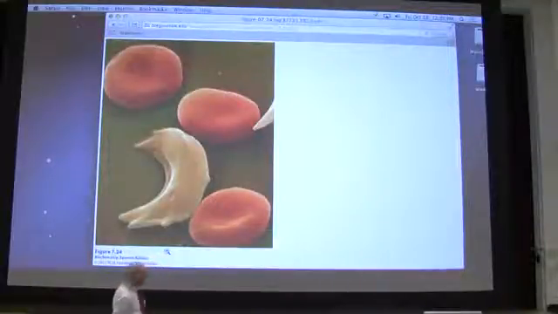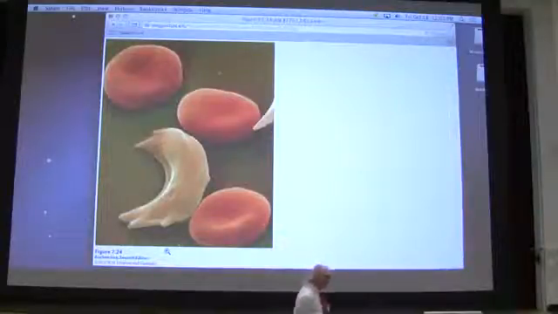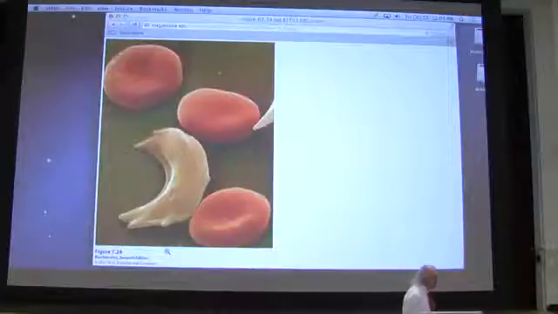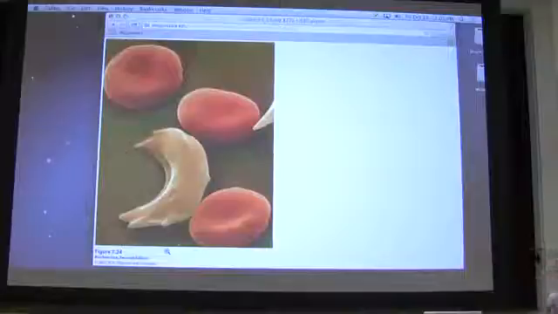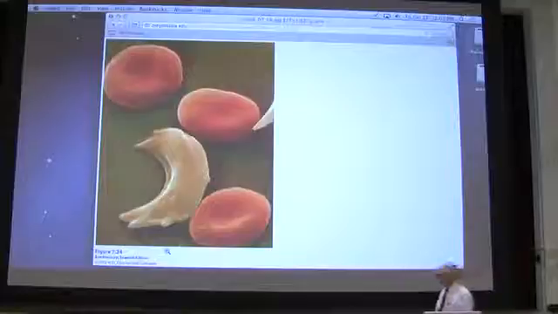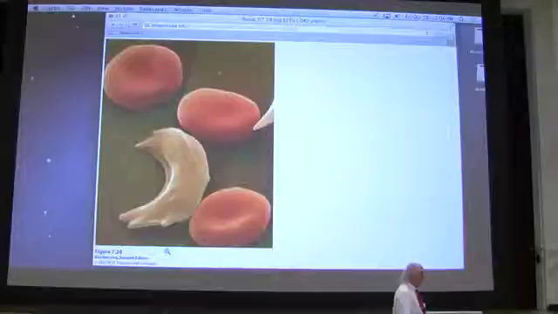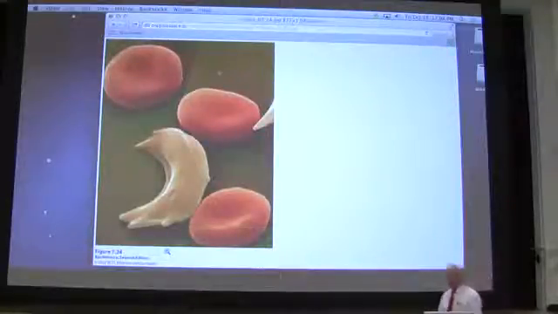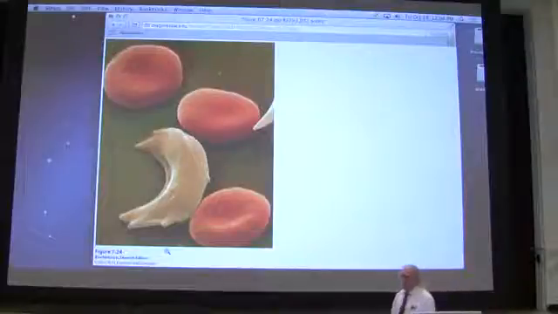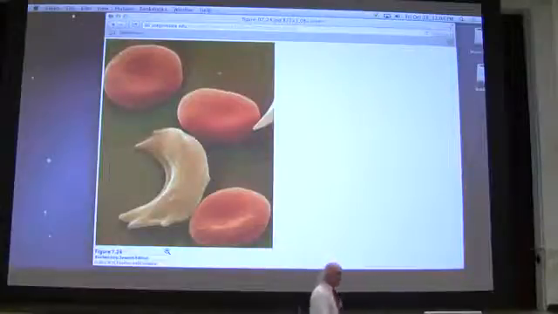Once this cell has assumed the sickle shape, the body looks at it and says, oh, we've got a damaged blood cell, and takes it out of action. And so it takes out of action blood cells that would otherwise be normal and functional. As a consequence, since a lot of these, especially during periods of heavy exertion, appear in this form, the person's blood count is always going to be low. They're always scrambling to produce enough red blood cells to satisfy demand. So it's a very debilitating disease.